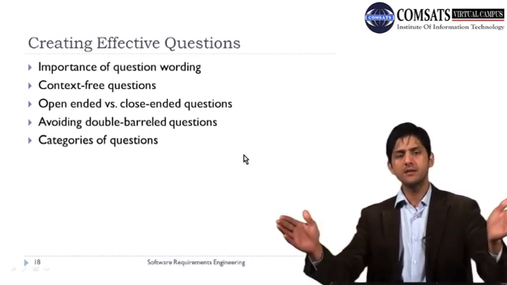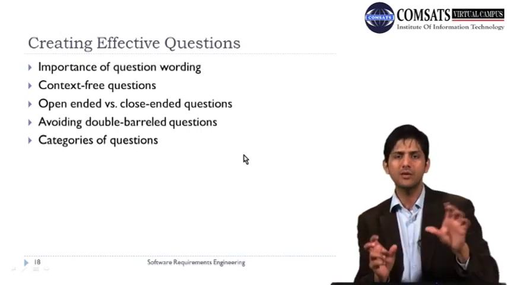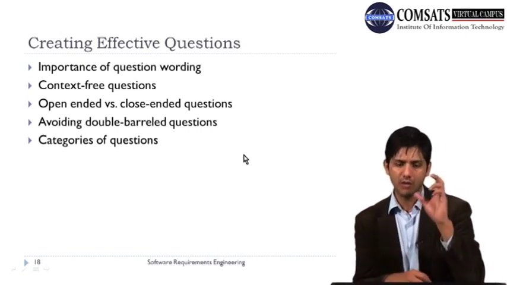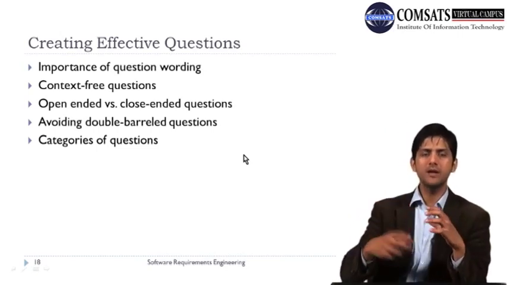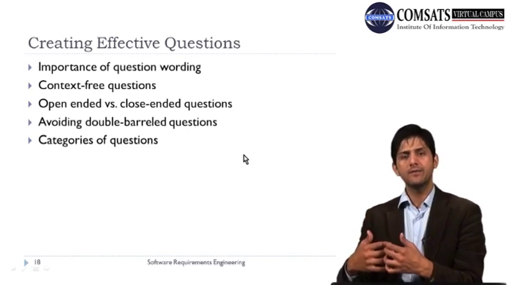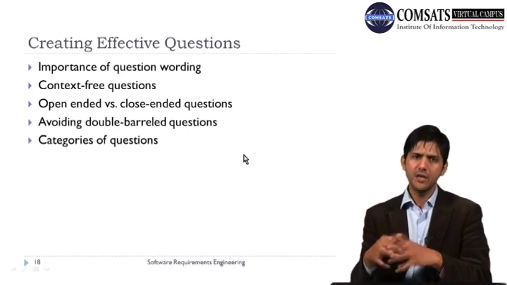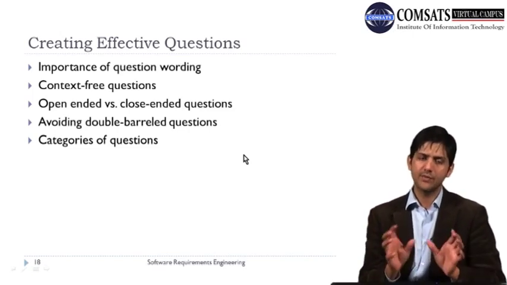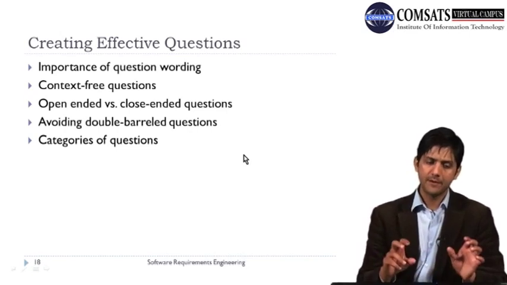So if we are scheduling an interview, we need to actually think about the timing aspect. If we are going to meet this person only for 30 minutes, we need to be really focused. We need to have close-ended questions. We cannot have 30 open-ended questions, because their answers are normally pretty long, and they involve a discussion rather than a direct response. So you need to consider whether you should put open-ended or close-ended questions.